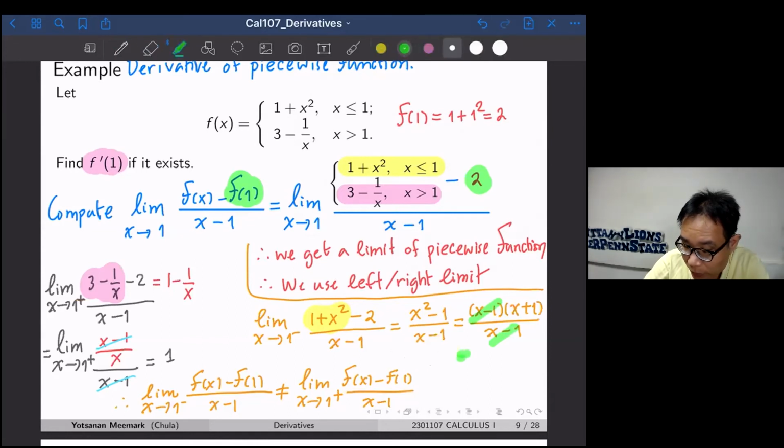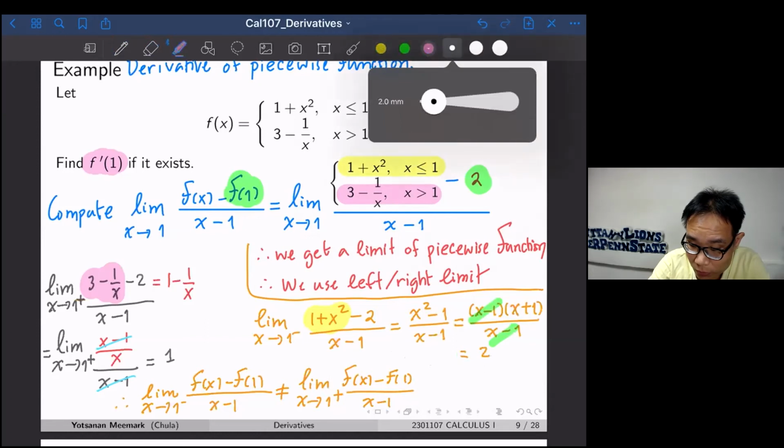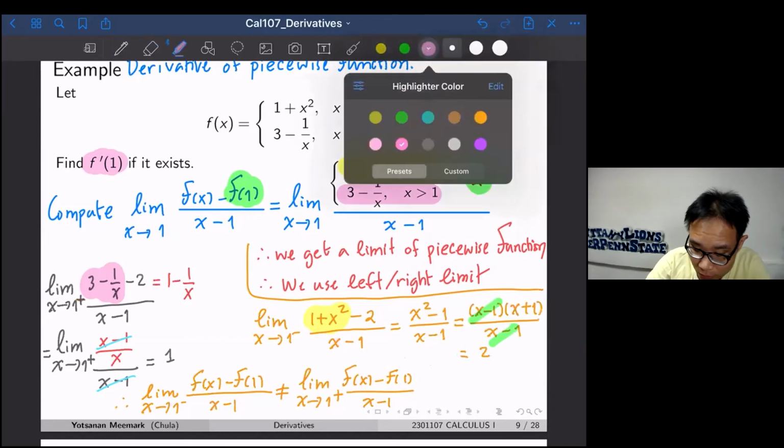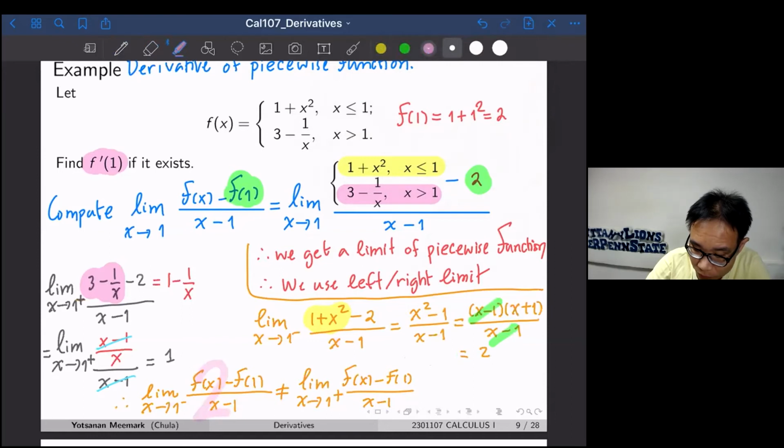Okay, so this limit equals 2, and this one equals 1.